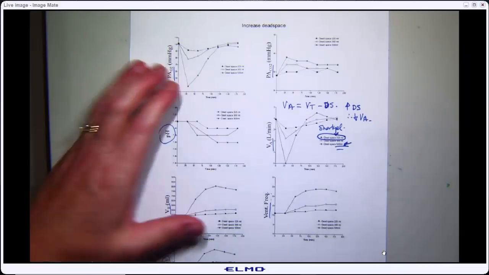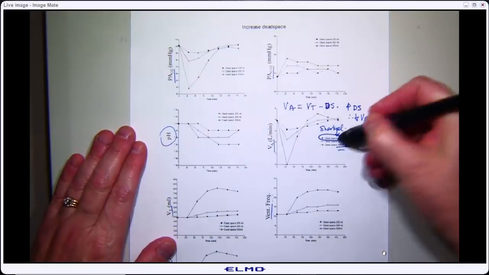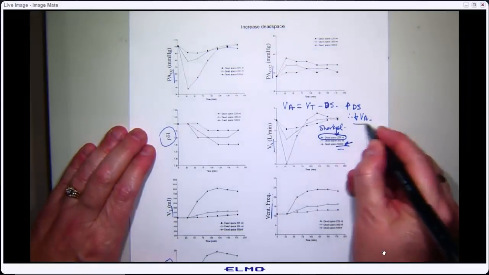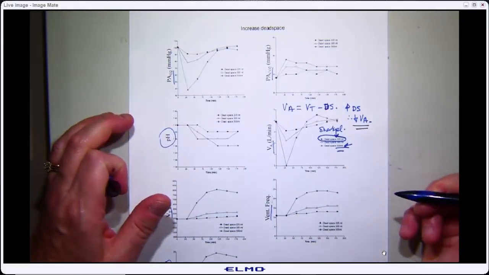Okay? So we were messing with dead space, putting a snorkel in our mouth. What did that actually mean? That actually meant that in essence, our alveolar ventilation went down in terms of the new air that came in.